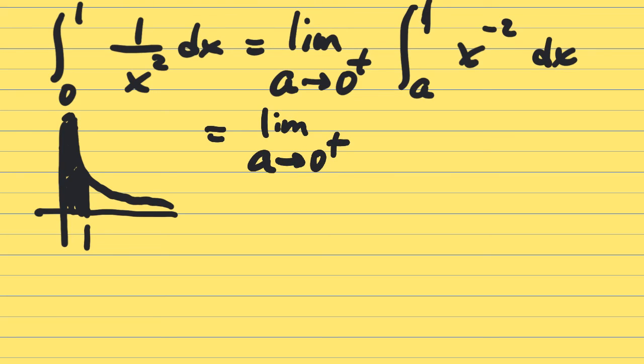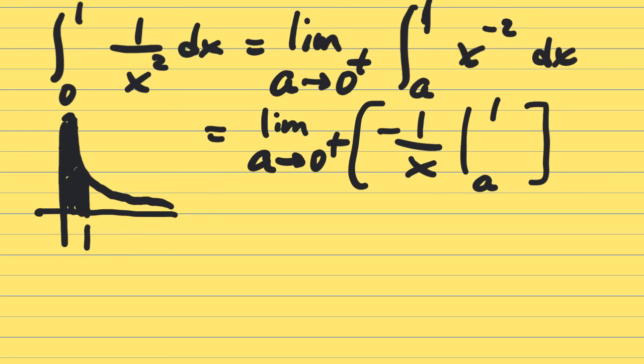Okay, our shaded area is approaching 0 from the right side. Our antiderivative will still be the same, negative 1 over x. We're going to evaluate at a and 1. And then once we put those in, we're going to let a approach 0 from the right.